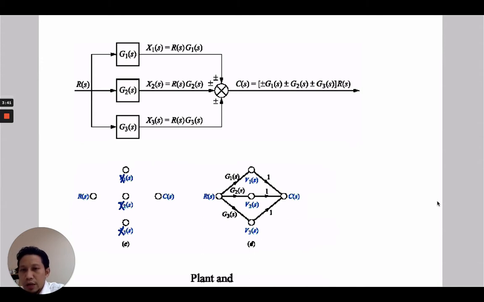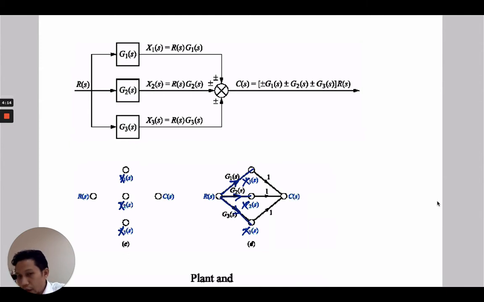Node R(s) is connected to X1 via system G1, so you have G1 here, arrow and system G1. And then R(s) is connected to X2 via system G2, so we have arrow, we have G2. And finally we have the R(s) and X3 connection via the G3 system.